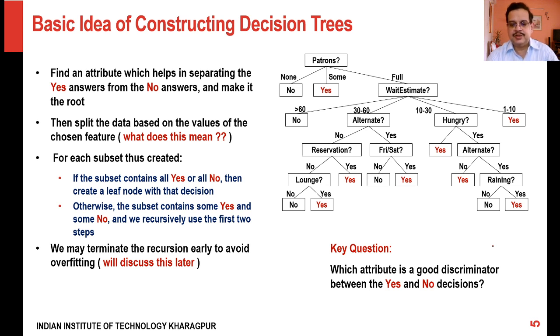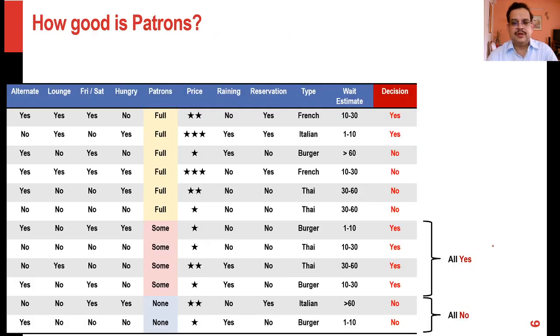So the key question here is which attribute is a good discriminator between the yes and no decisions. So let's start by looking at patterns. How good is patterns as a discriminator? How good is patterns as the first choice of variable?